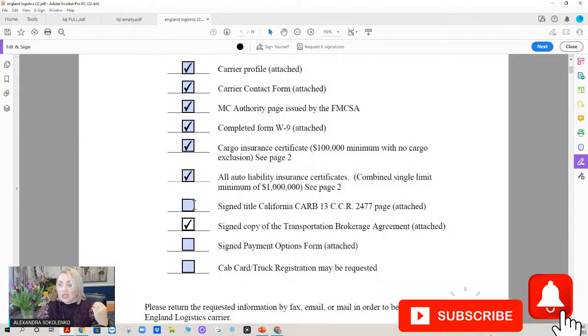Yes, in this case, for example, maybe you don't have CARB certification. And if you need to get paid directly from them, you need to fill this out. But remember, we have factoring, so I am not going to fill this out. And look at this. Cab truck registration may be requested. So if they want to verify exactly that this driver, this VIN number, is on the policy, they might request your cab card. So let's continue.